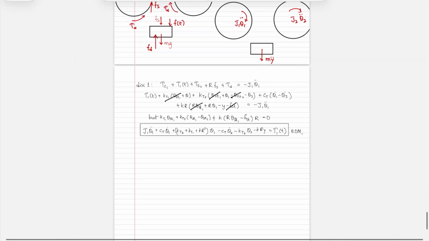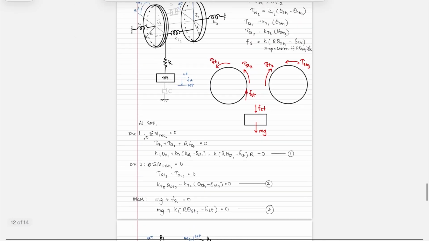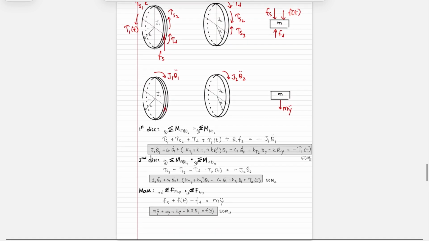Let's now compare this with what we had found earlier. This is what we had found already, confidently asserting that the static torques and deflection forces in the springs would cancel out the gravitational forces.